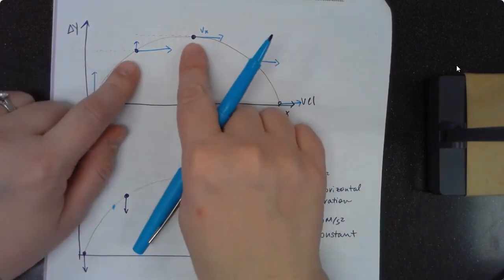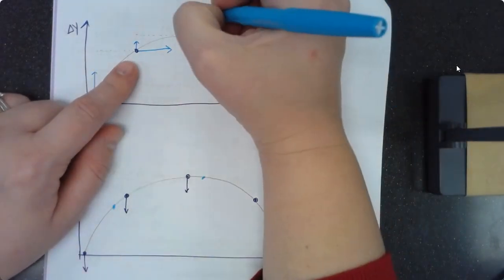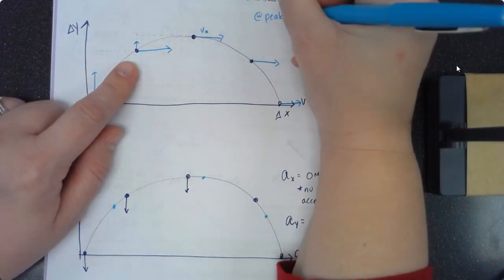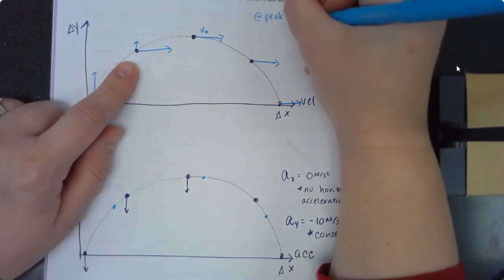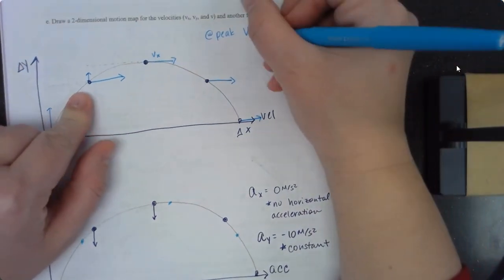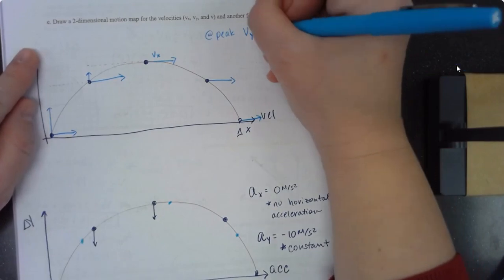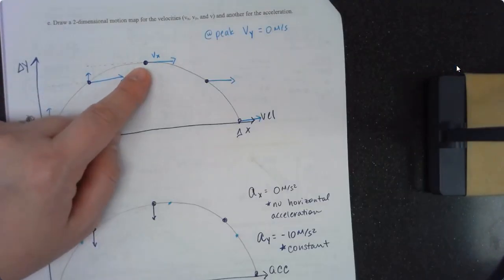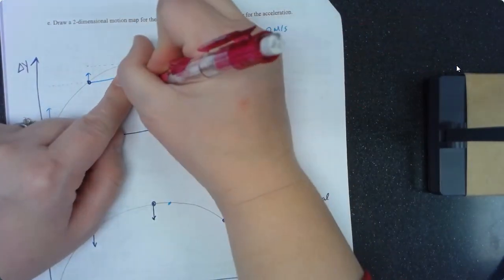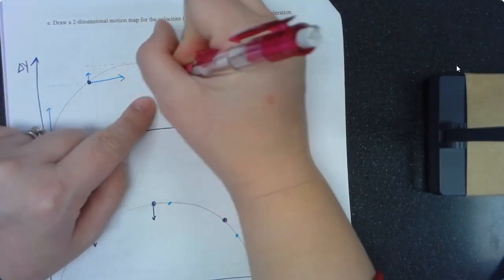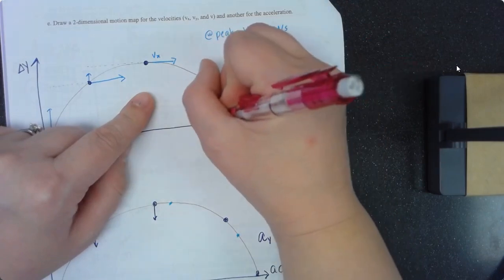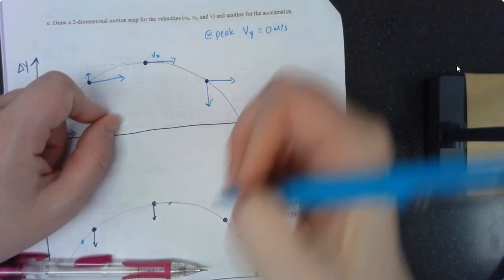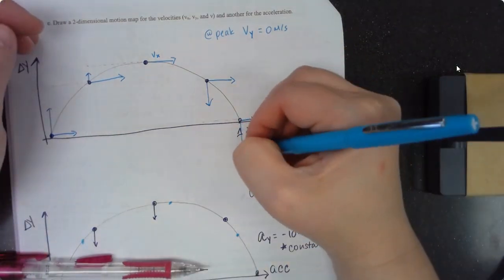Up here, at our peak, our vertical velocity, so I put Vy there, so it's in the y direction. We know that it's 0 meters per second, so there's no arrow there. And then as our ball starts to descend and we start looking at what those arrows should be like, we can see that here we're going to have a downward arrow, and we would expect to have a downward arrow here as well.